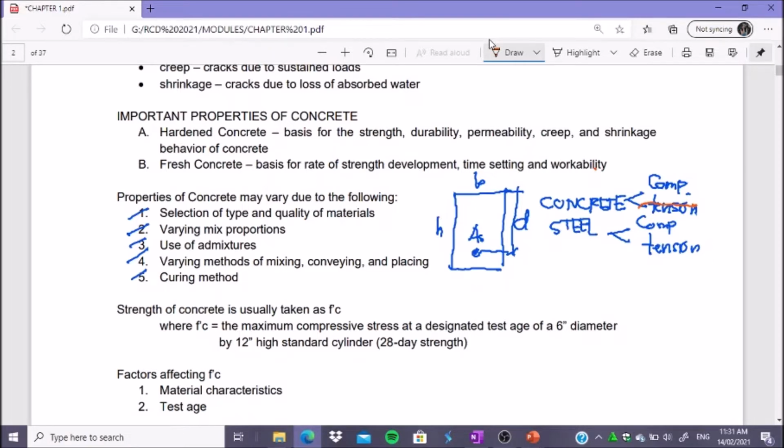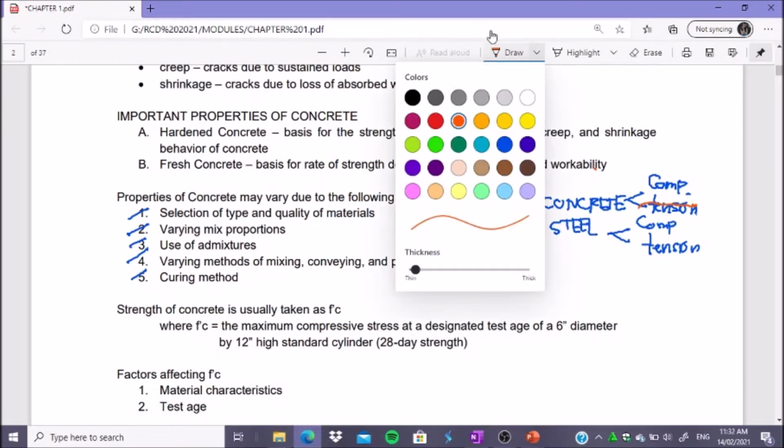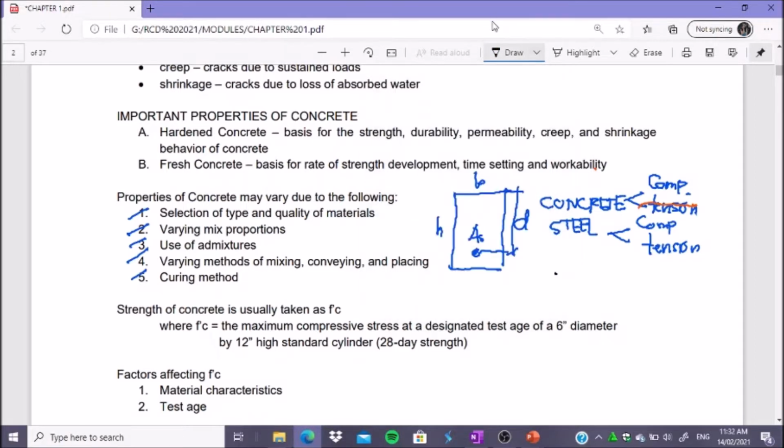Okay. Now, the strength of concrete is defined by its compressive strength, f'c. That f'c is actually the compressive strength of concrete.